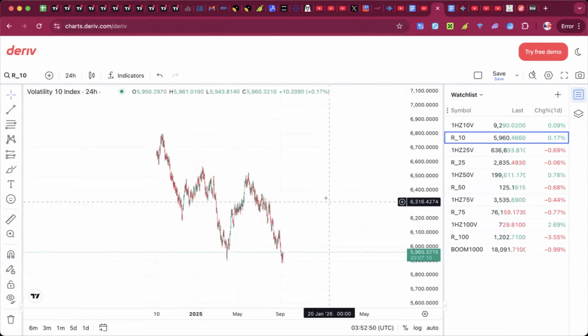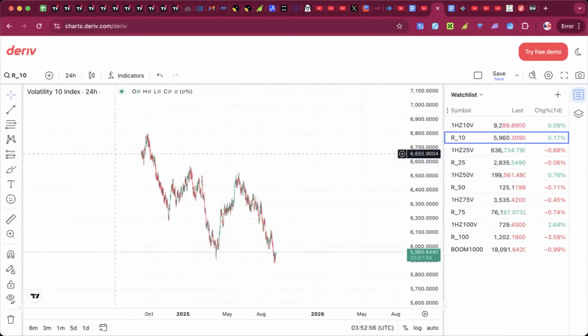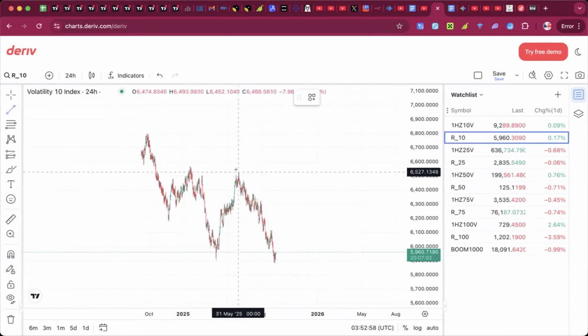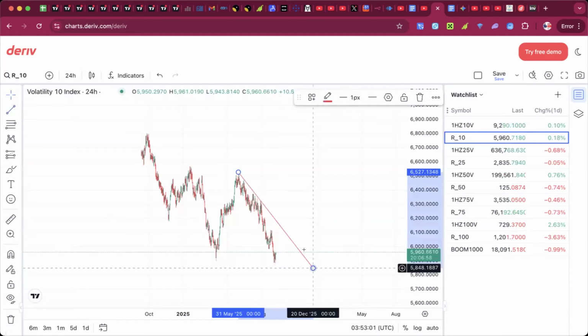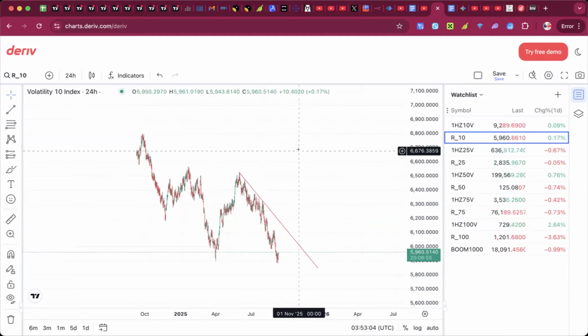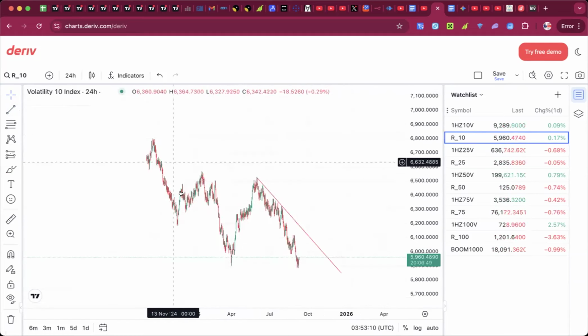Come on, the market has been selling for as long as possible. Okay, if I look at my trend line, for instance, here, let's look at it critically. You've seen how the market has traveled.